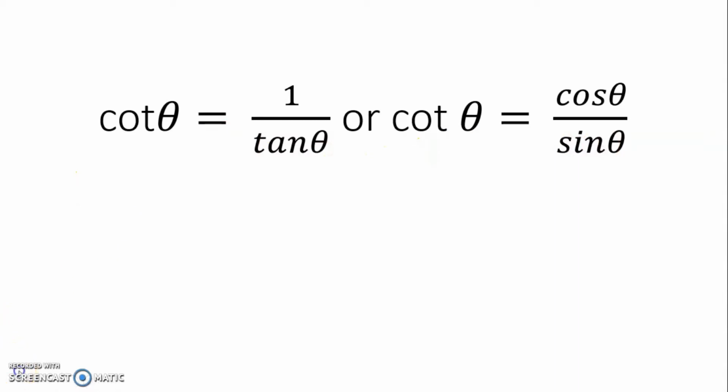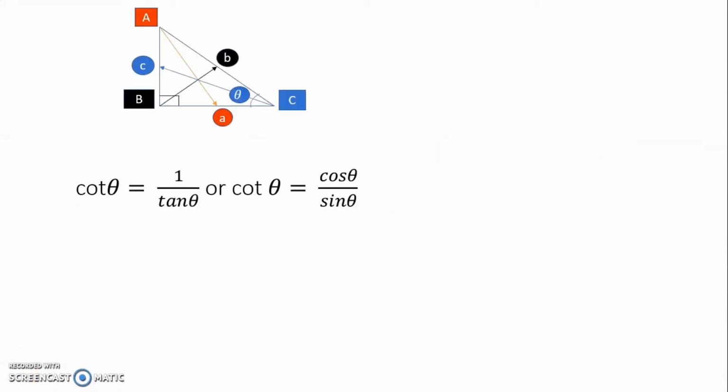Let's watch. Now, having this right angled triangle, we can say cot theta is equal to 1 over tan theta, or cot theta is equal to cos theta over sine theta. So the values for cot theta is either 1 over tan theta or cos theta over sine theta.